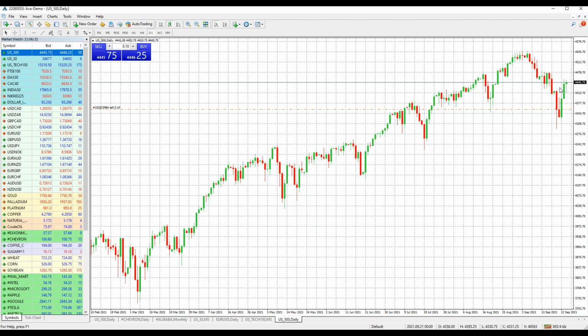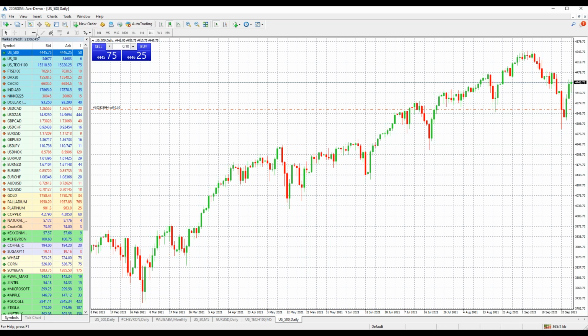So should they take the markets higher? The 44.70, 44.80 area right here would be a resistance. This is the level that we couldn't break for quite a few days, and then we sold out from here. So there are probably going to be a lot of limit sell orders here.